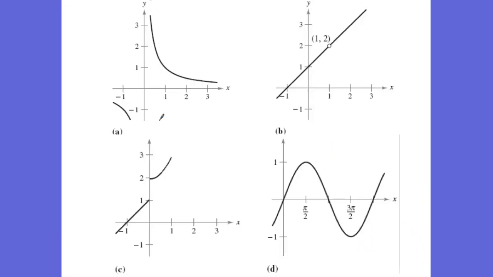If you take a look right here, what type of discontinuity do we have? We have an asymptote discontinuity. Right here we have a hole, which we call a removable discontinuity. Right here you can see this function jumps up, so we call that a jump discontinuity. And then of course take a look right here. We have a continuous function.